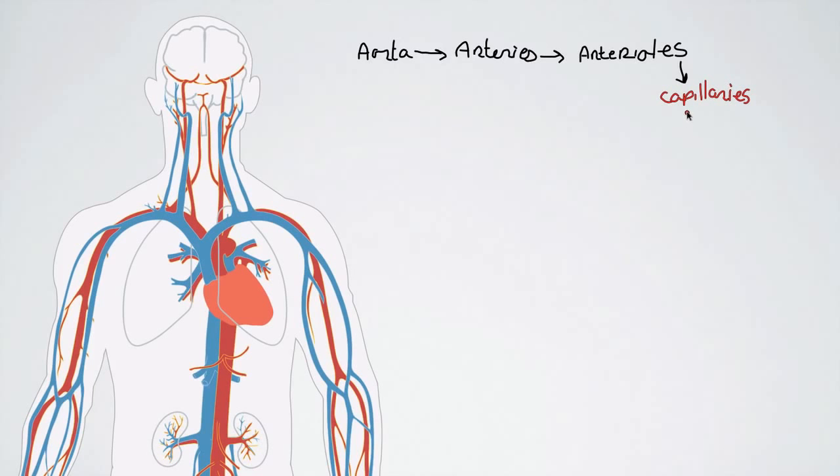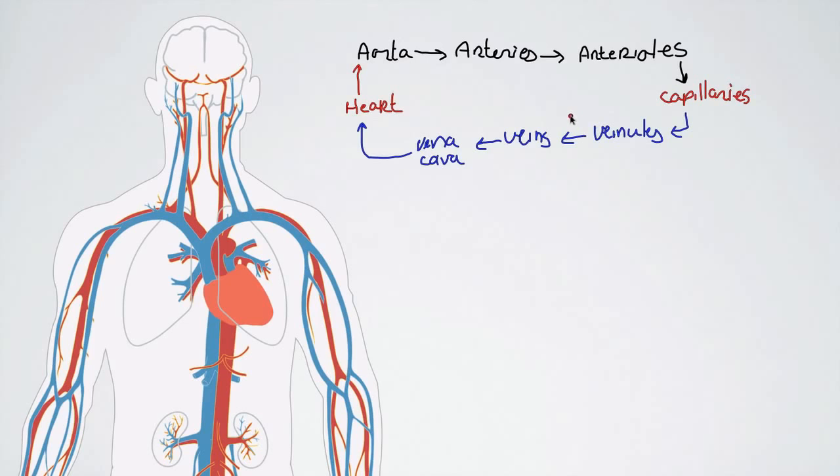And then from the capillaries, that's going to take us to the venules, to the veins, and then via the vena cava, and then that is going to go back to the heart. And that cycle continues.